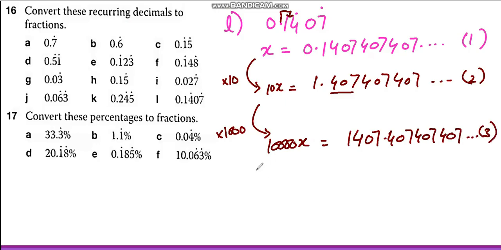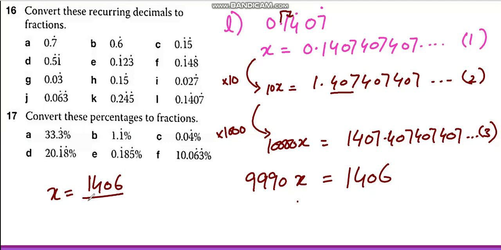Now if we subtract equation 2 from equation 3, we get 9,990x on the left side, and on the right side we get 1,406. If we divide both sides by 9,990, we get x equals 1406 divided by 9,990. Now by using a calculator, if we further simplify, we get 19 over 135. So this is the simplest form of the answer.